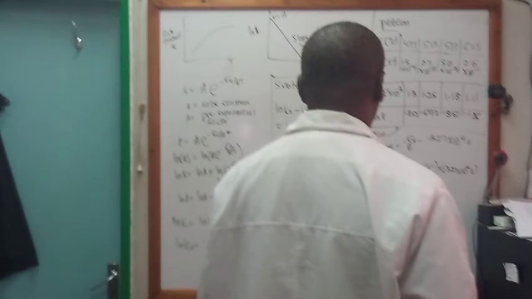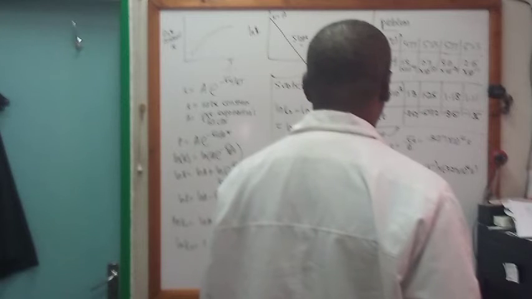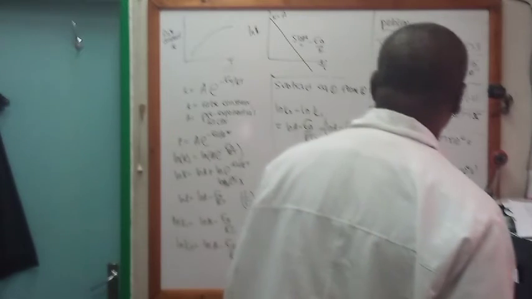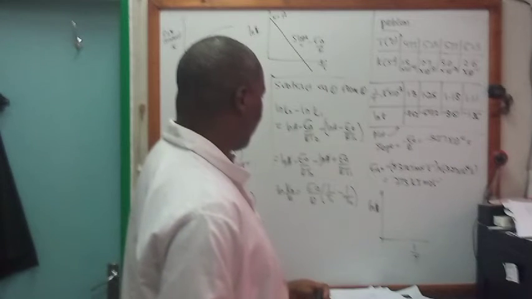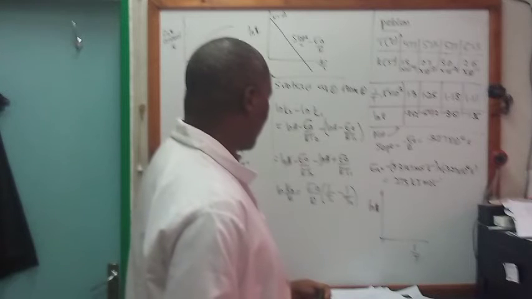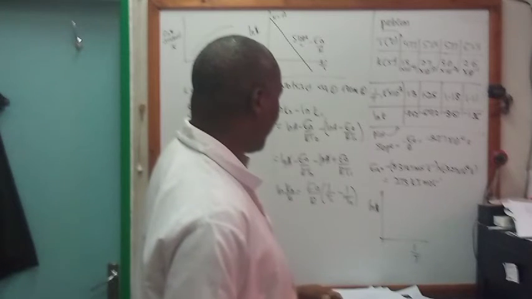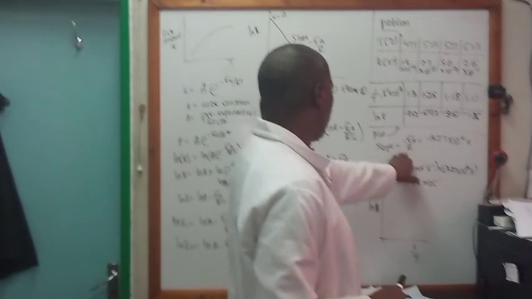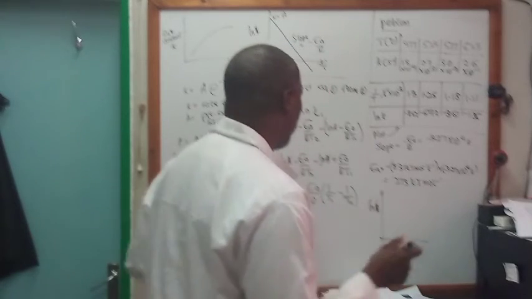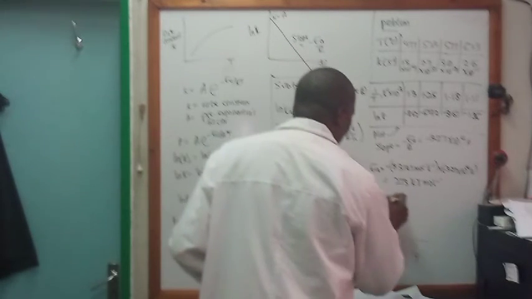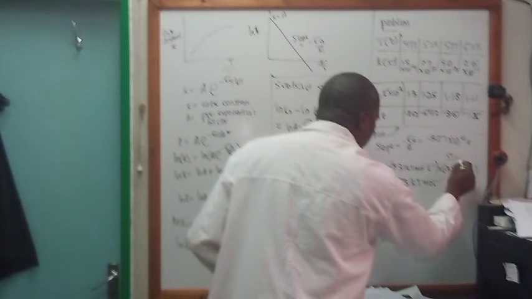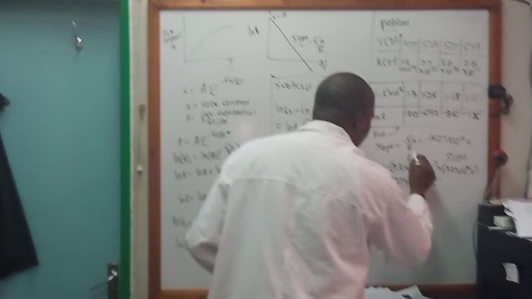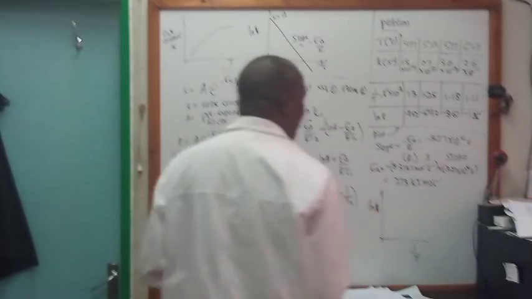EA. I'm getting that slope, so I'm going to multiply. Let me get it correctly. That is the slope multiplied by the R. That's going to give you the activation energy.